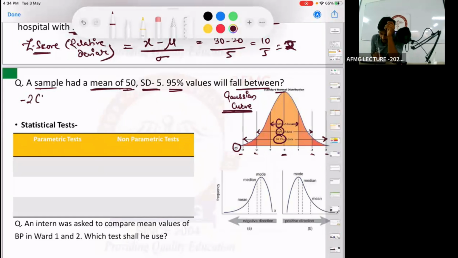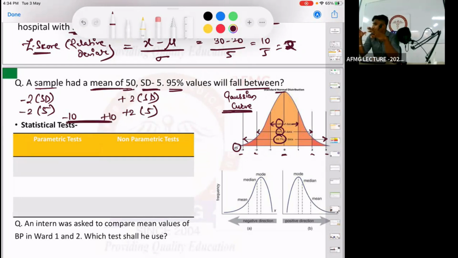So -2 into 5 and +2 into 5, so the range would be -10 till +10. From the mean value, if I subtract and add this value, 50 minus 10 would be 40, and 50 plus 10 would be 60. So 95% of values will fall between 40 to 60.